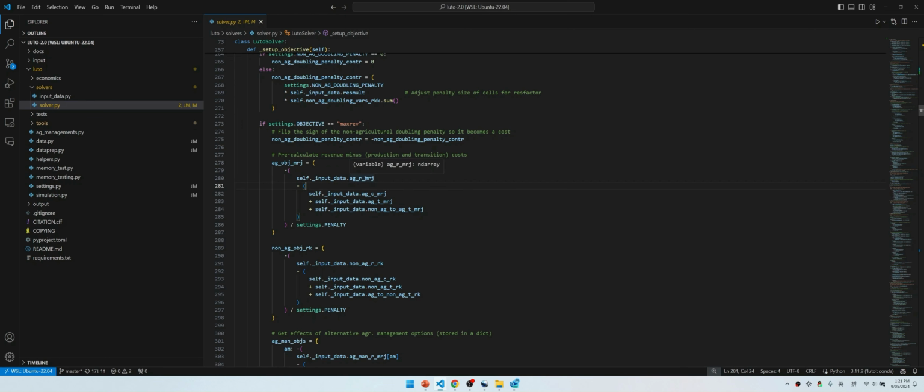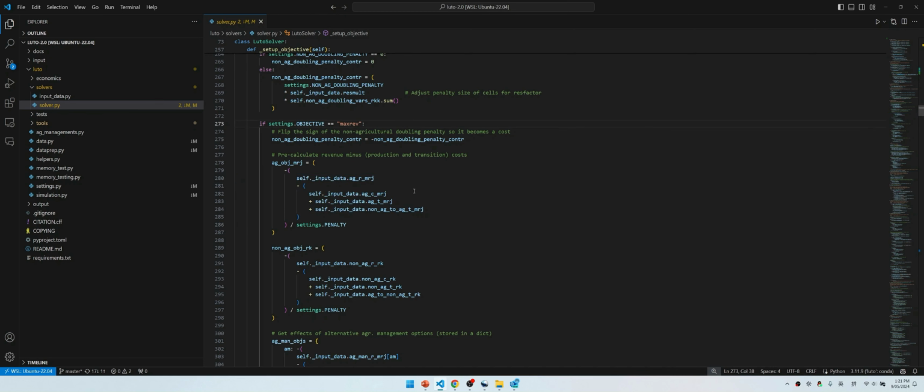It means it is a decision space. We will take all the revenue minus the cost from agricultural, the cost from agricultural transition, and the cost from non-agricultural to agricultural transition. By subtracting the cost from revenue, we want this value to be as big as possible.